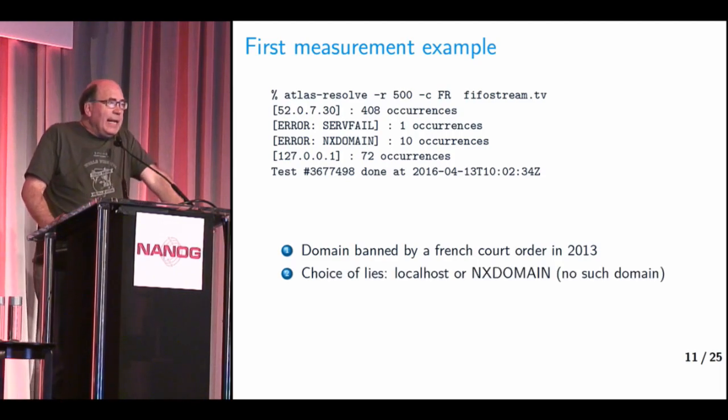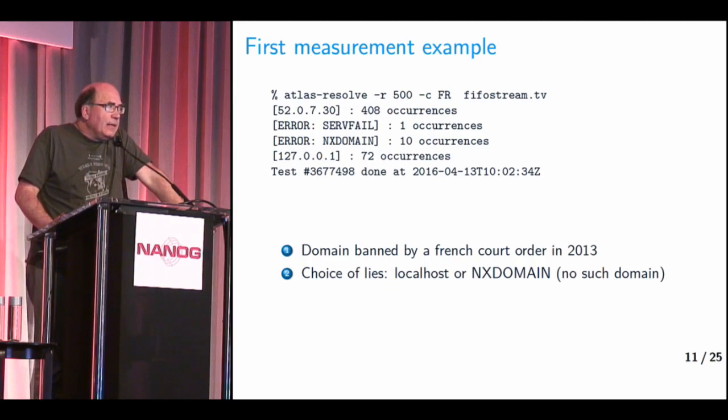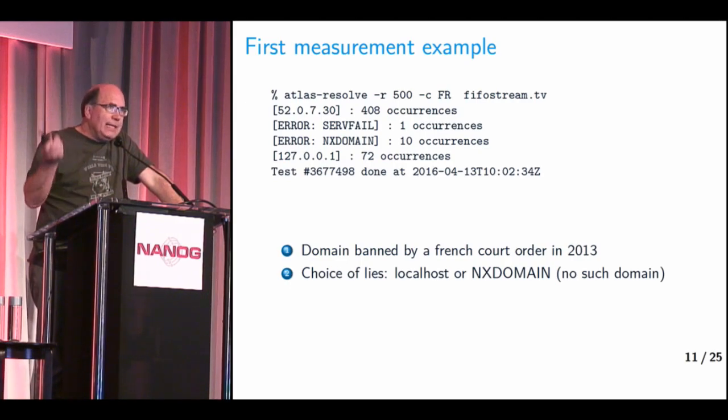So localhost and NXDOMAIN are 2 different ways to lie. Both are lies. The real address is the first one, the one starting with 52. But localhost or NXDOMAIN, no such domain, is a possible response because the court order did not specify what sort of lie to send back.